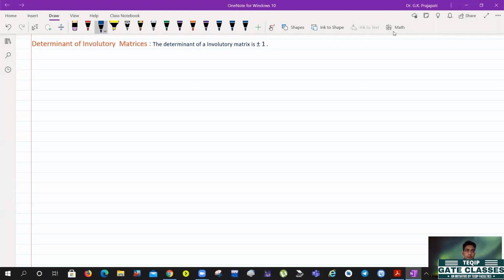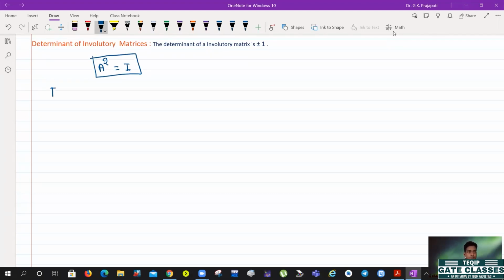Next one is involutory matrices. So first of all we define an involutory matrix. A matrix A is said to be involutory if it satisfies A square equal to the identity matrix.